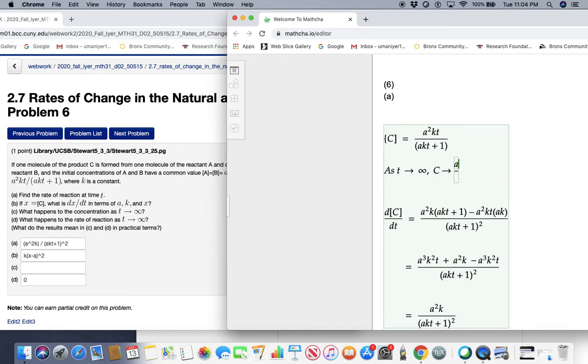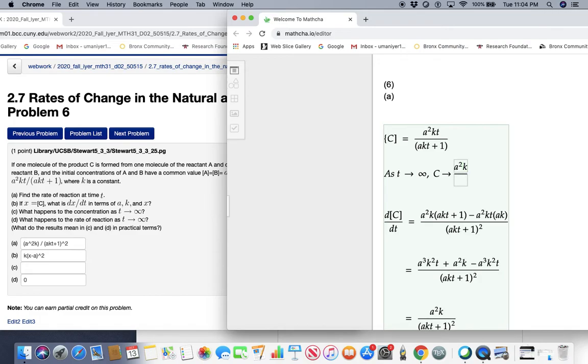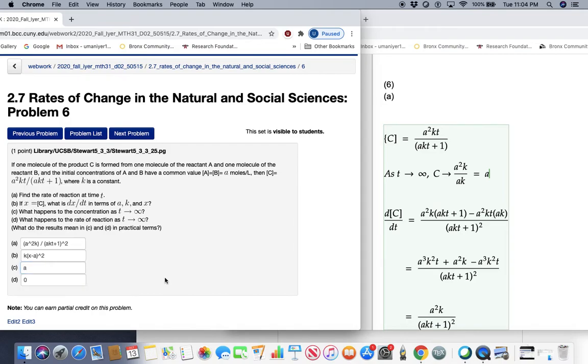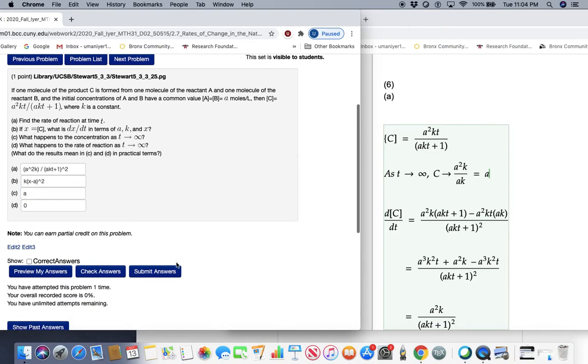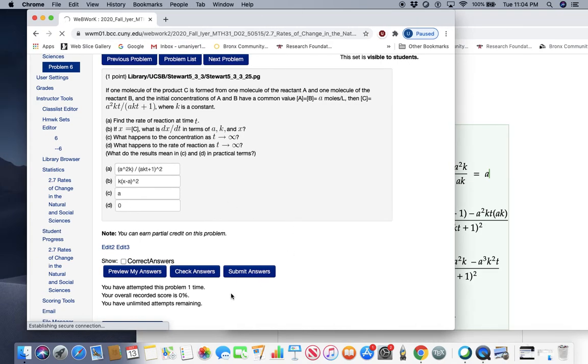It approaches a squared k over ak, so all that cancels except for an a. So you're going to get a. Oh, it's lost connection, but trust me, this is correct. It's taking time, so I'll stop here with this problem.